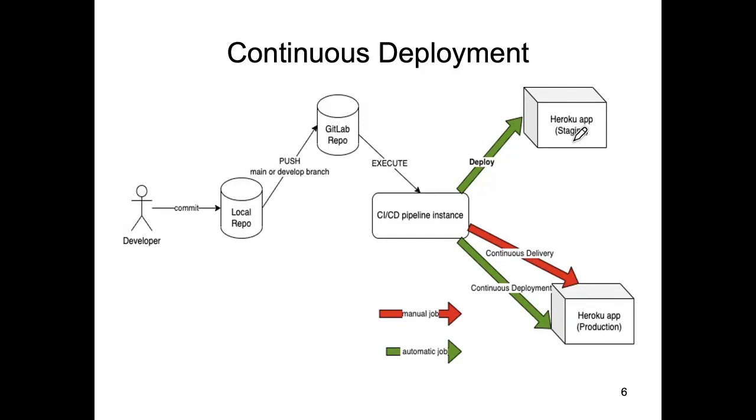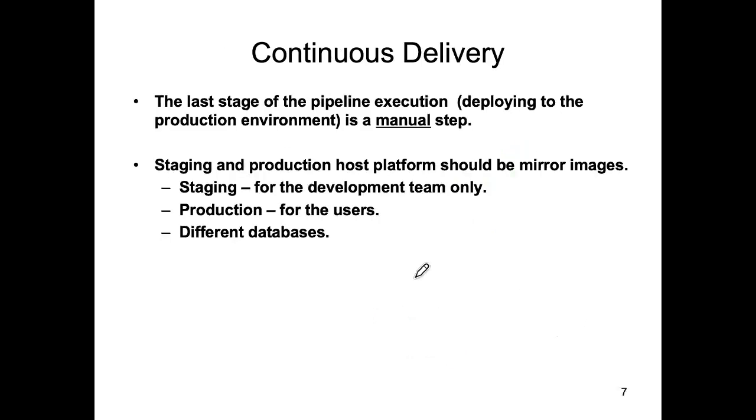So trying to ensure that the test data in your staging database is a good reflection of the typical kind of data you would have in your production database, that may be straightforward, that may not be. Either way, you try and keep your production and your staging deployments as close as possible mirror images of one another.